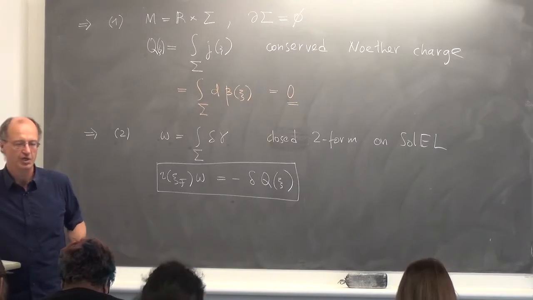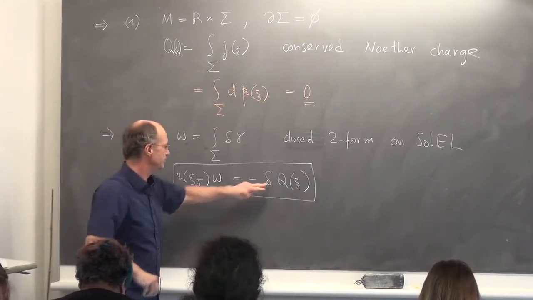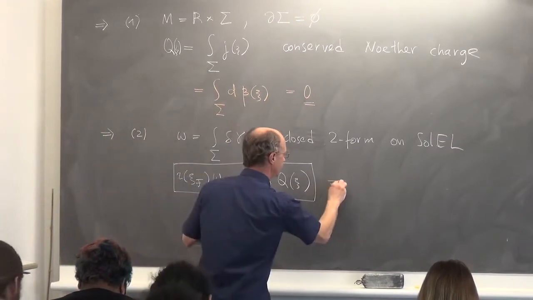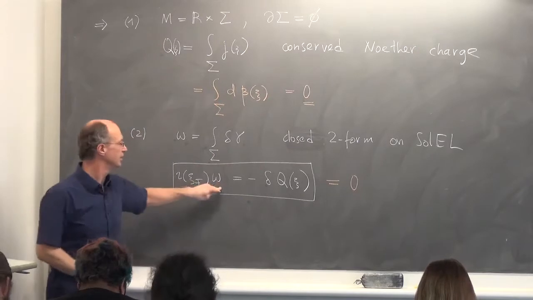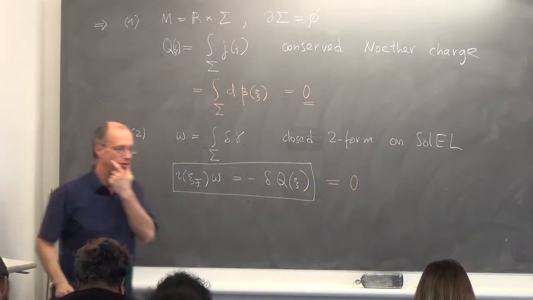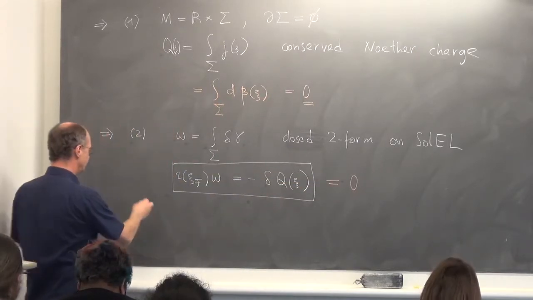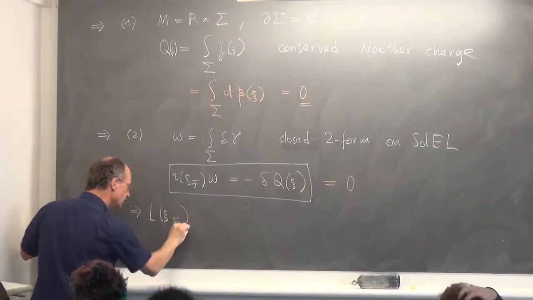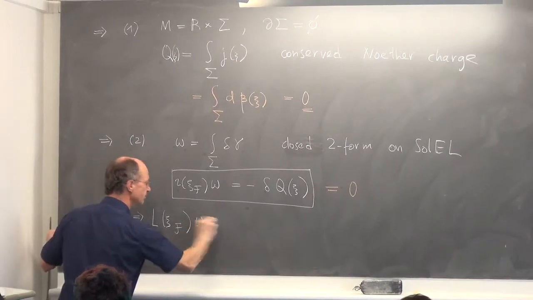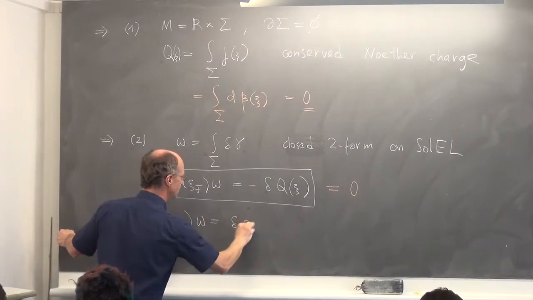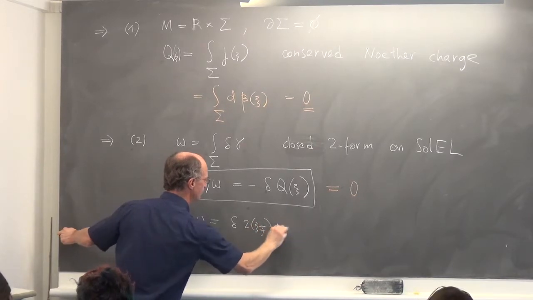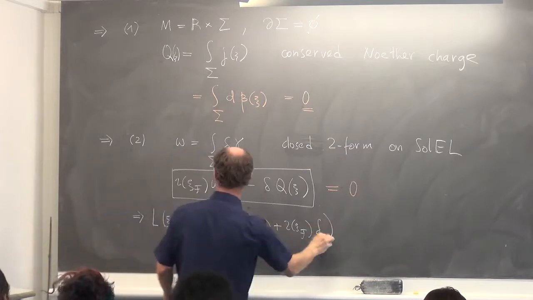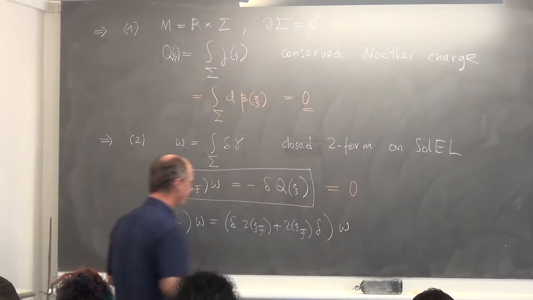Now, if the Noether current vanishes, this means its differential vanishes. And in the case of gauge theory, this is simply equal to 0. It has the following consequence. If we compute the Lie derivative of omega, this will give us delta J xi f omega plus J xi f delta omega.